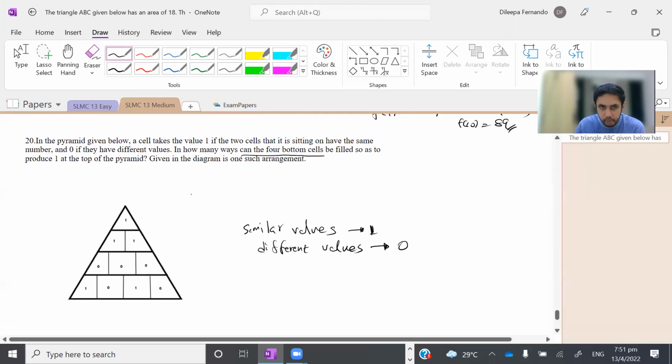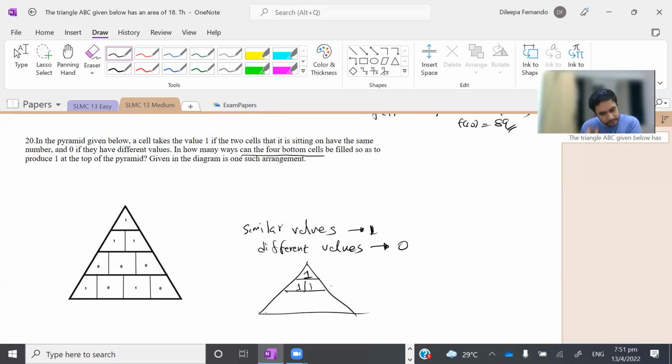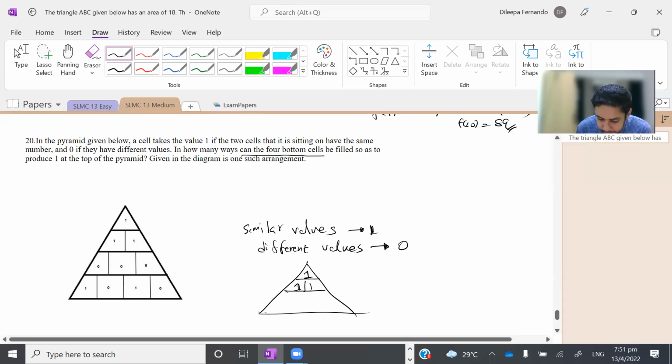Okay, now it's like we start from the beginning. If we need 1 at the top, there are two possible configurations: 1 1 or 0 0. You notice that for each starting number there is only one configuration, this is the key. If you start with 1, there is only one configuration.